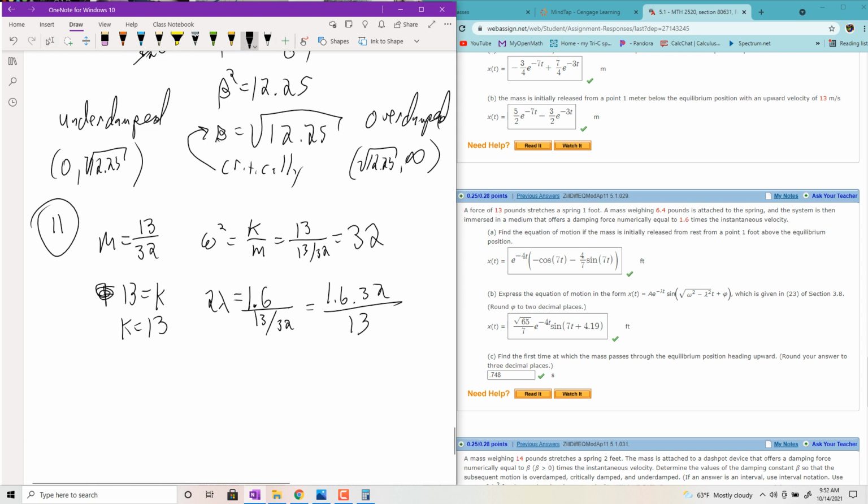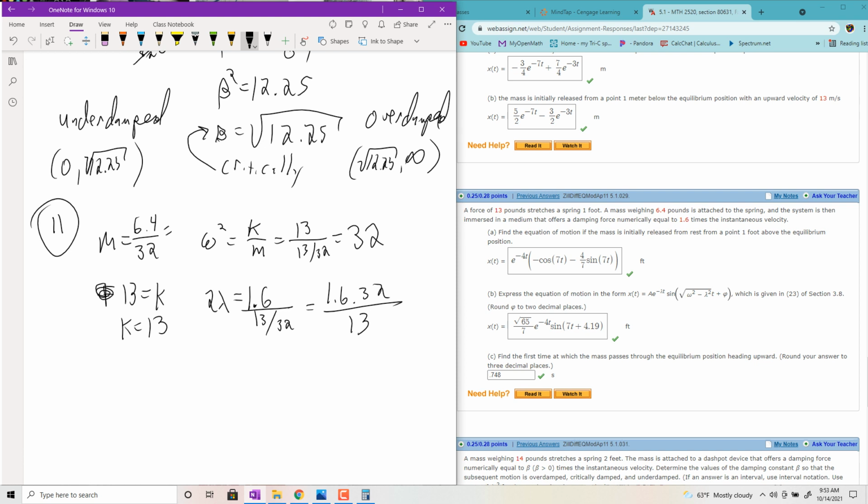If you applied a force of 13 pounds to the mass, it'll stretch the spring 1 foot. The mass actually weighs 6.4 pounds. Very clever, right? So I need to change this into 6.4.